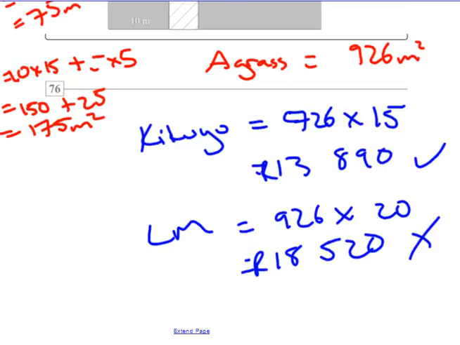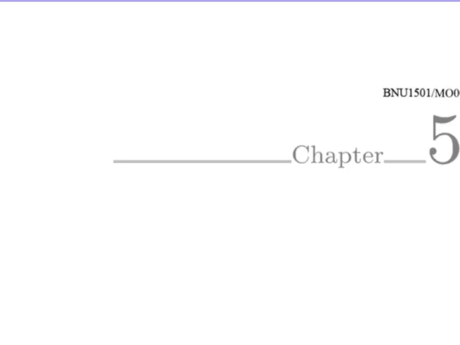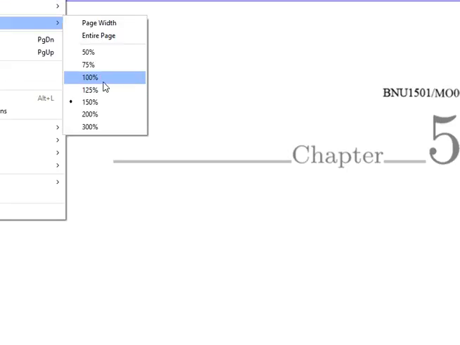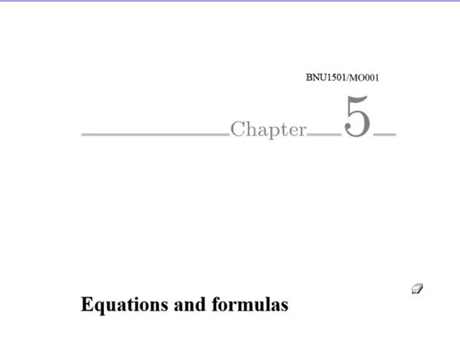All right. So that's the end of measurement. It's not terribly complicated if you know your formulae, and if you think, what are they asking me? They're not always going to ask a straightforward work out the area of a square.